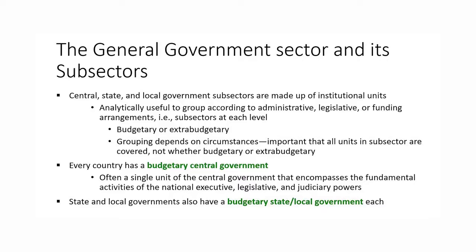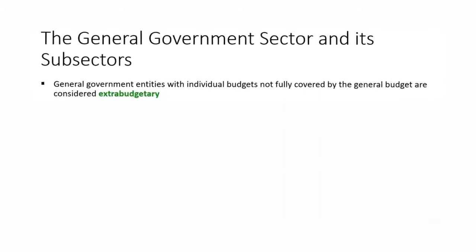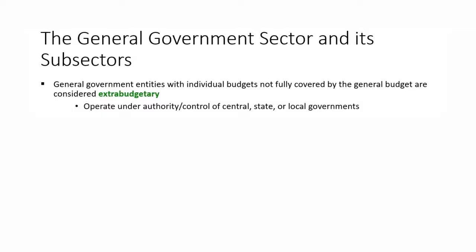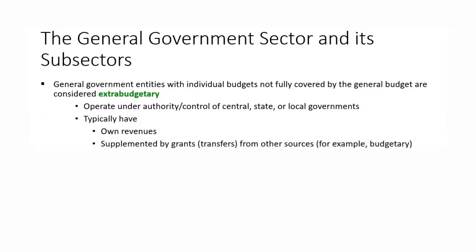General government entities that have individual budgets not fully covered by the general budget are considered extra budgetary. They operate under the authority and control of central, state or local government, and typically have their own revenues supplemented by grants. So an extra budgetary entity is not really part of the budget of the general government.